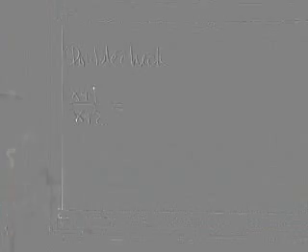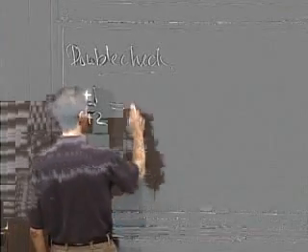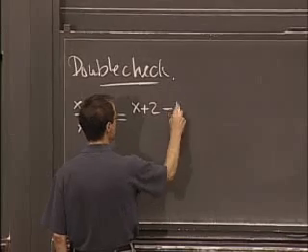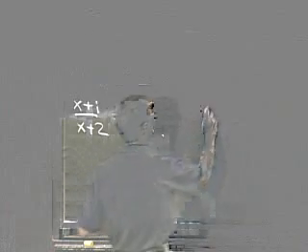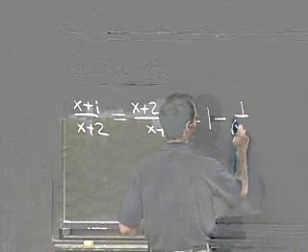Obviously, you can do this by the quotient rule, but I just point out that this is the same thing as this, all right? And now, whoops, that should be a 2 in the denominator. And so now this has the form 1 minus 1 over x plus 2.